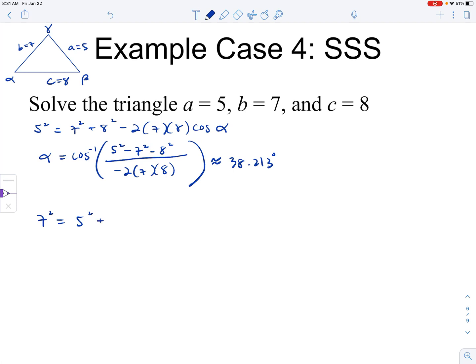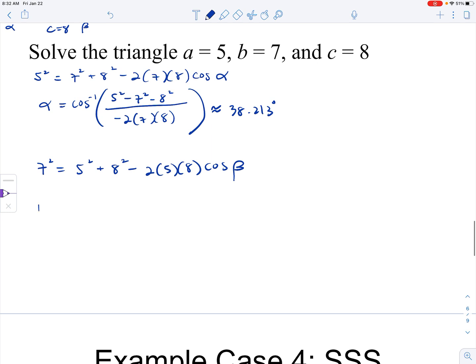I'm solving for beta, so I would have on the left-hand side 7 squared equals 5 squared plus 8 squared minus 2 times 5 times 8 times cosine of beta. So beta equals inverse cosine of 7 squared minus 5 squared minus 8 squared divided by negative 2 times 5 times 8. Store that in your calculator.